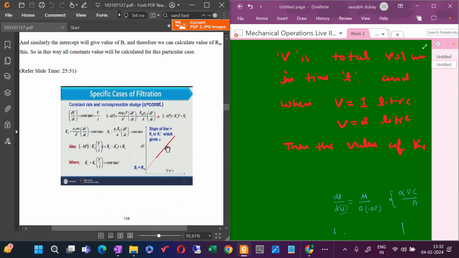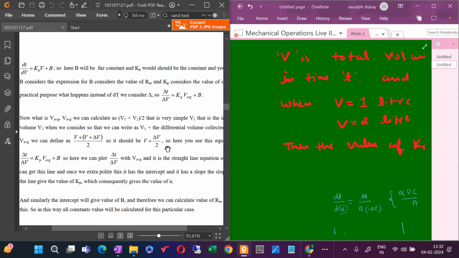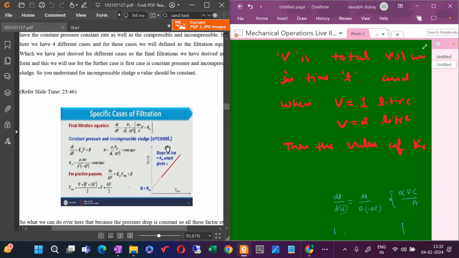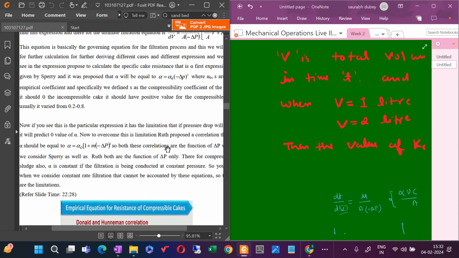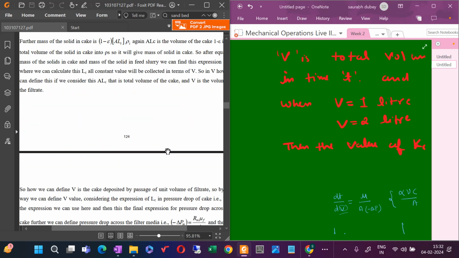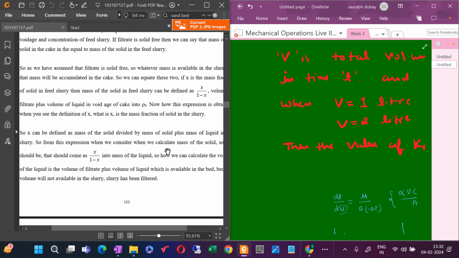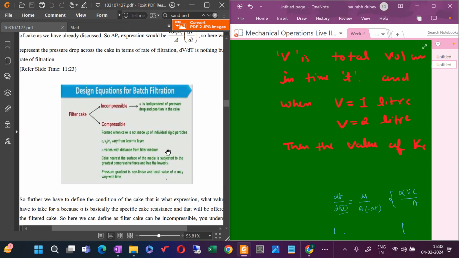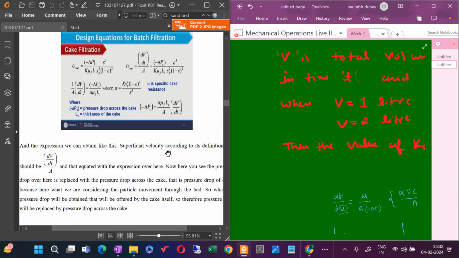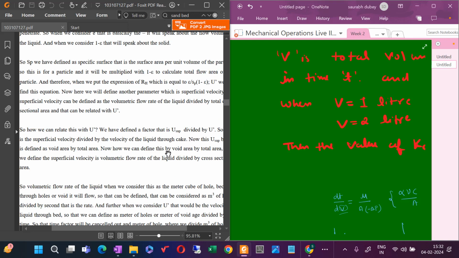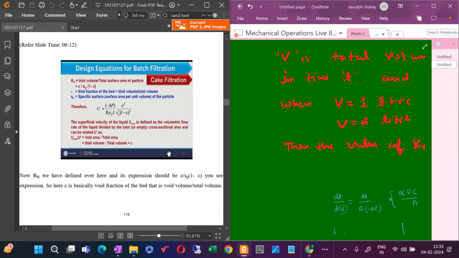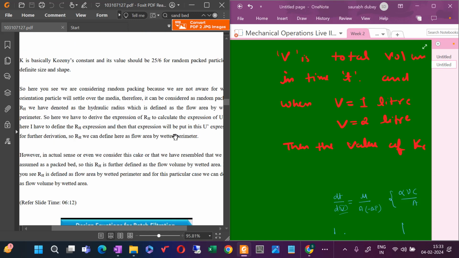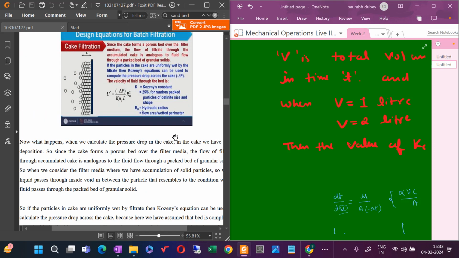So this story begins with the resistance calculation for each layer, and then that resistance calculation leads to the value of Kc, and then the constant part, which is 1 by q0.